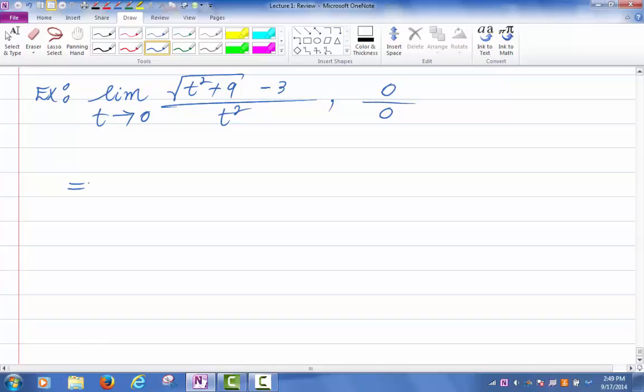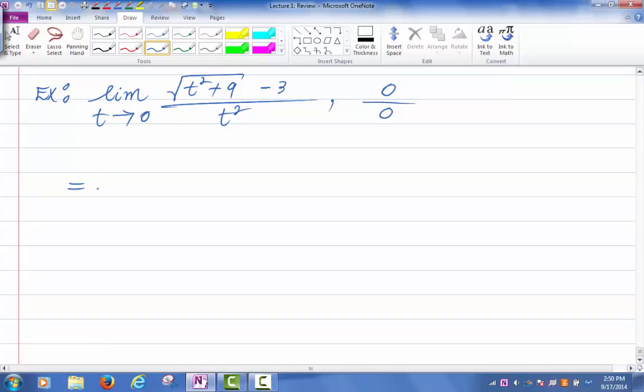Rationalize the numerator, right? Rationalize the numerator. So once again, when you see something like this, this is a cliche in calculus. In most of the problems, whenever you see root functions and you're computing limits, if you can't think of anything else, rationalize and see what happens.